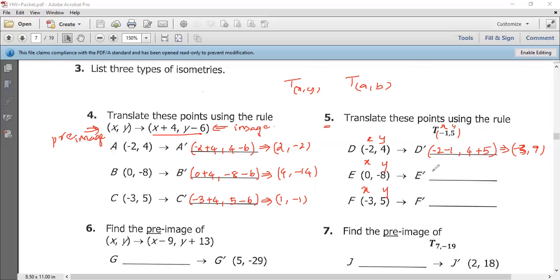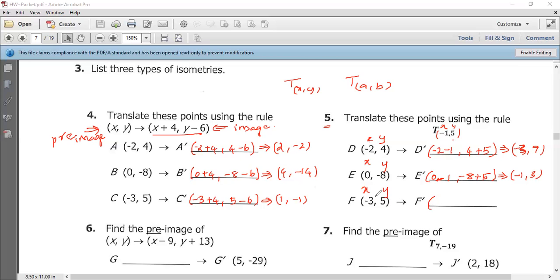For the next one, take your x value and add this -1, and your y value is -8 and add this 5. Then you get (-1, 3). So this is your translated image coordinate.